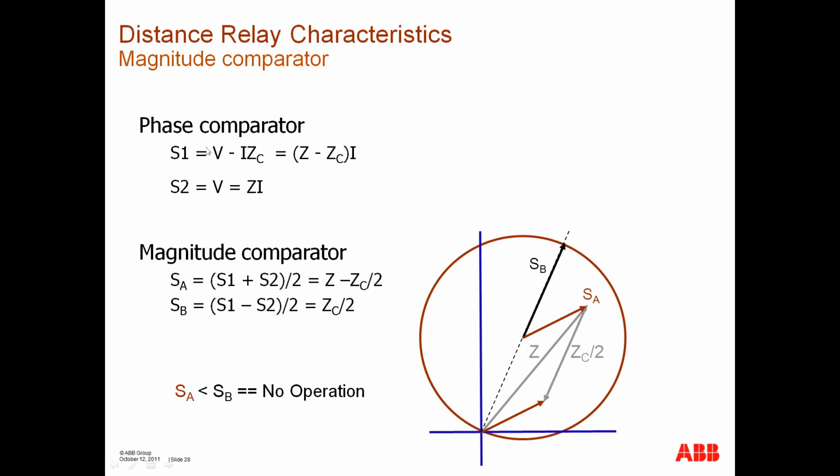It shows the relationship between a phase comparator and a magnitude comparator. You can go back and look at the phase comparator to see how the phase angle between these two quantities compares, or you can substitute in these equations and come up with these magnitude comparators to see how it operates. Because in some cases, some people use magnitude comparators to compute the characteristics.